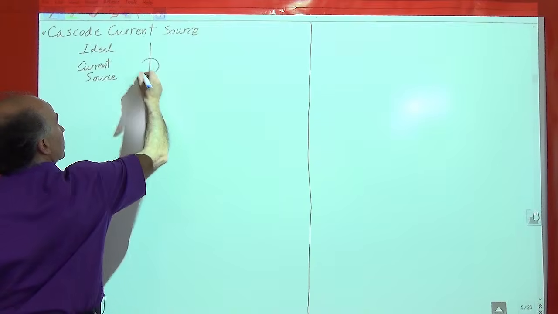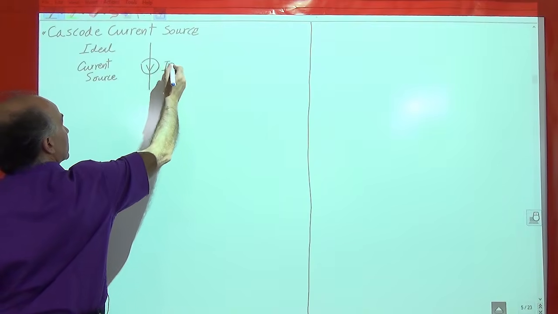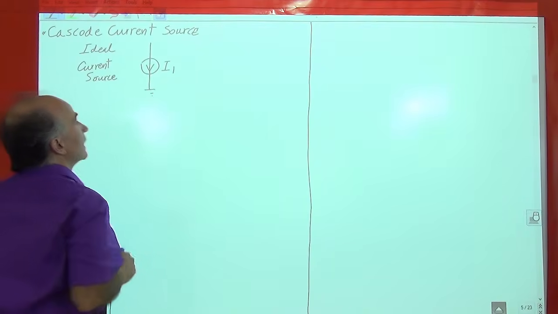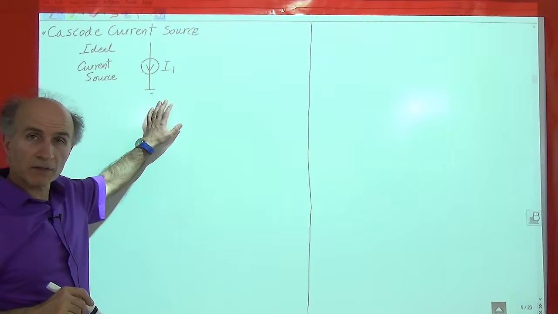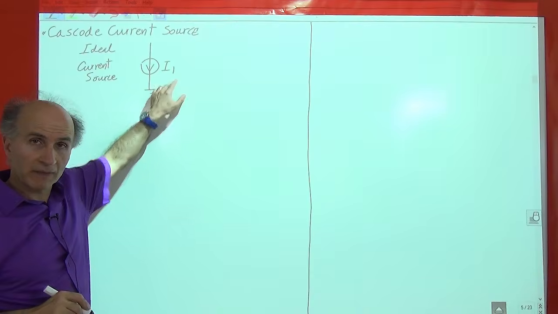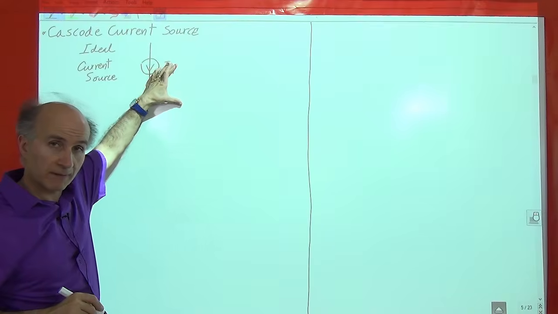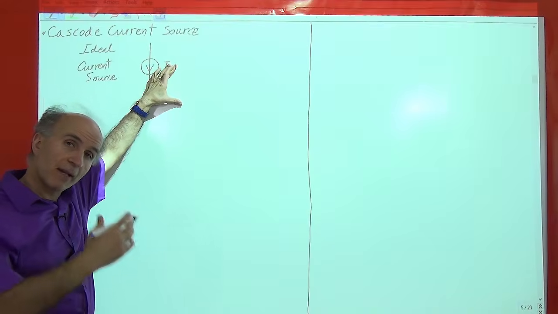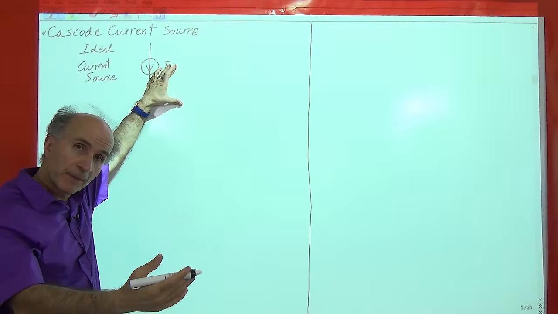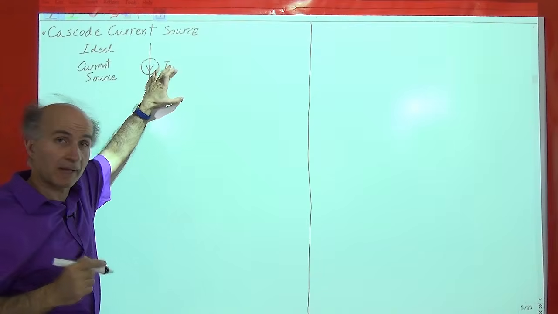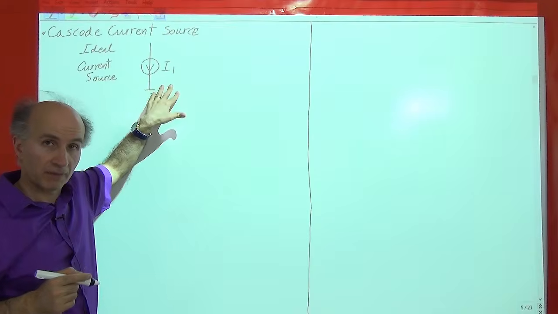We have a symbol for it. We give it a certain value. Let's say it goes to ground. And the definition of this current source is one whose current is constant and independent of the voltage across it. This voltage can go from minus infinity to plus infinity, and this current is always I1 and it's always in this direction. That's the definition.